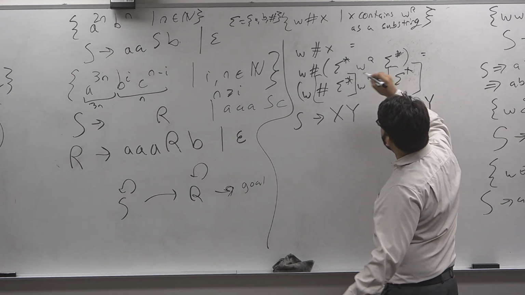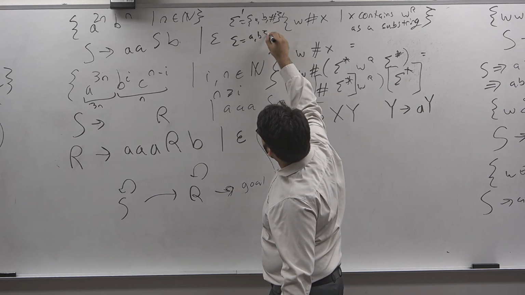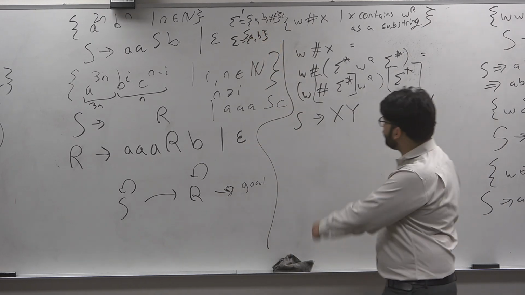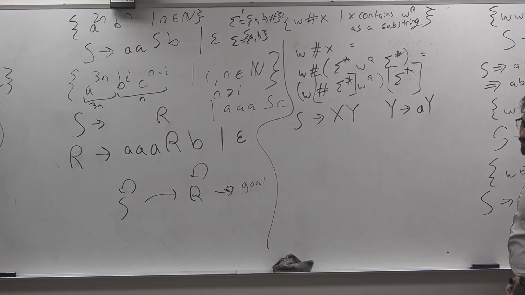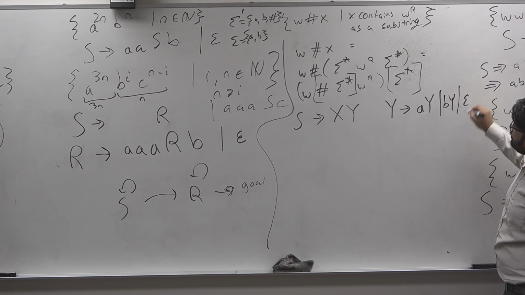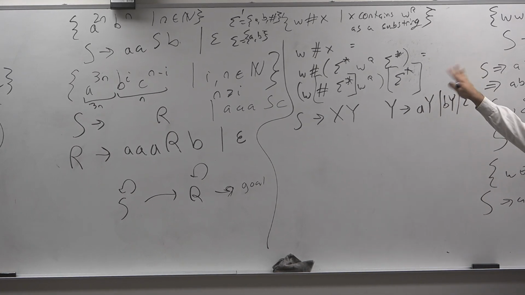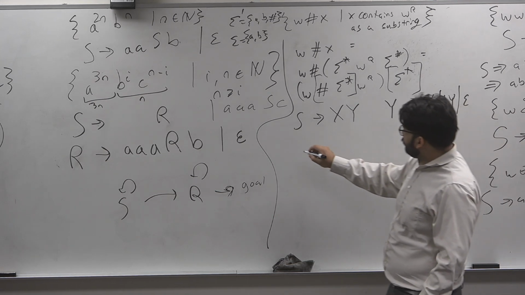So sigma prime is that, and sigma is just A, B. Sigma star is A's and B's only. So Y goes to A Y, B Y, or the empty string. Forget the hash on this. X contains W R as a substring, but W and the rest don't contain any hash. So Y produces sigma star. Good. What should X produce?